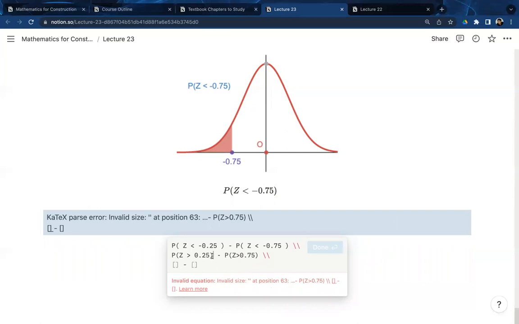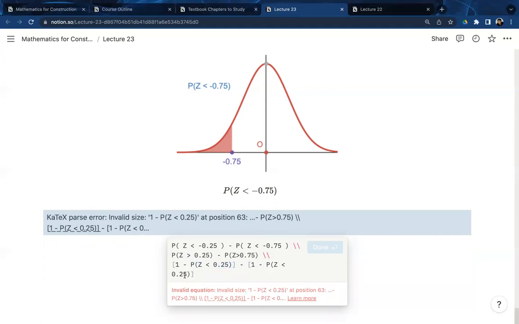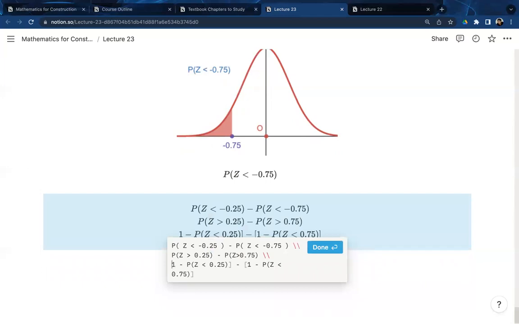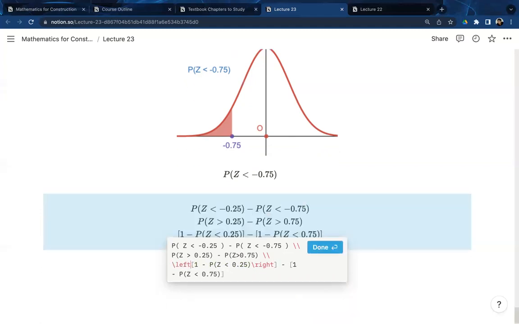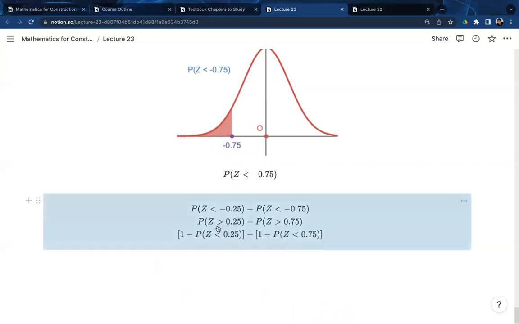The probability that Z is more than 0.25 is 1 minus the probability that Z is less than 0.25, because this is a positive value. Same thing here with 0.75.